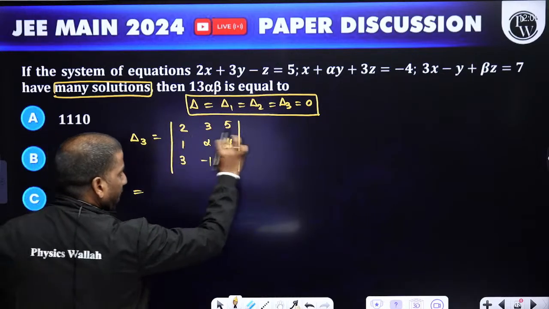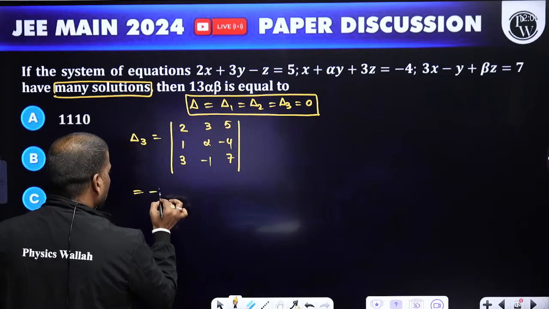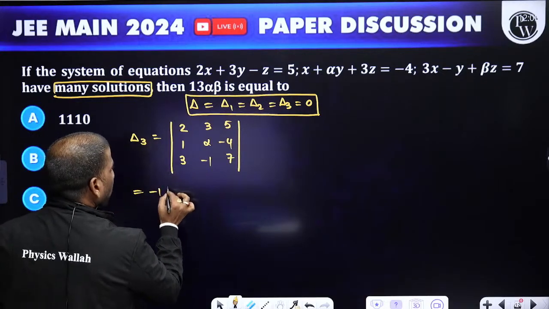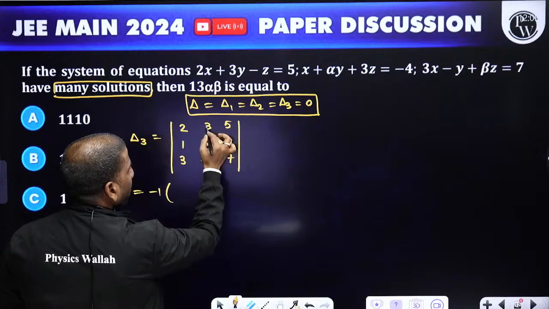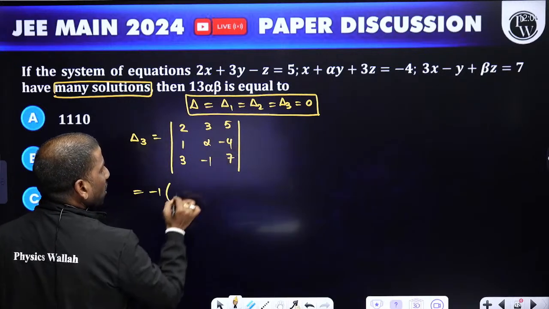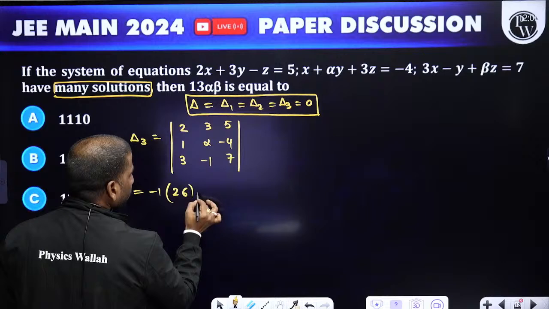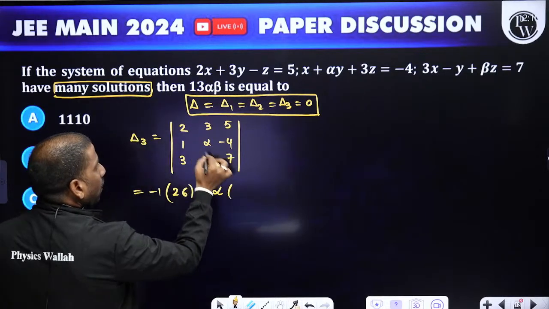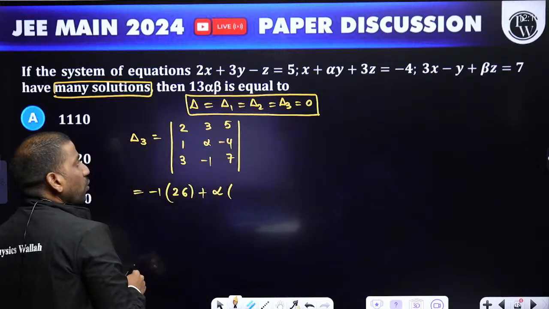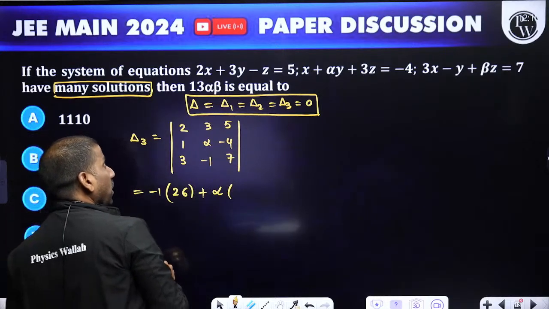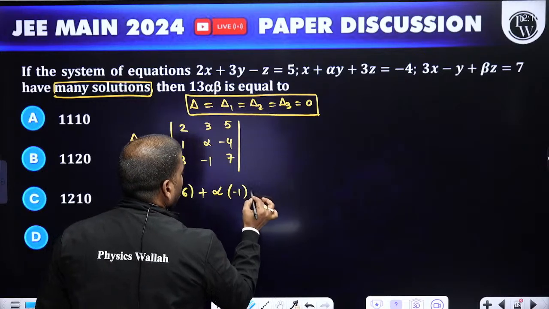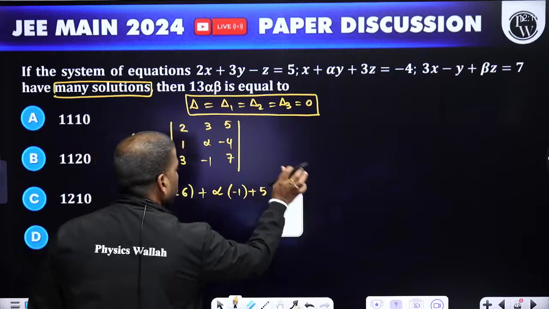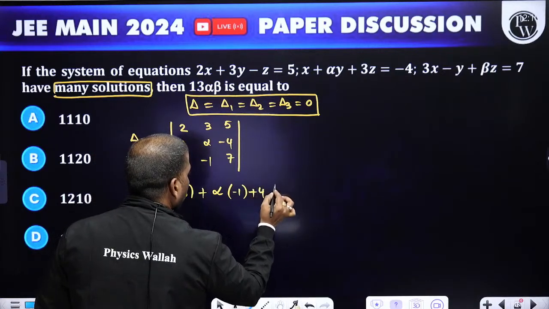So I will expand over R2, to reduce the calculation. Minus 1 times: 7 times 3 is 21, 21 plus 5 is 26, minus alpha. So plus alpha here: 14 minus 15, that is minus 1, plus 5 times... sorry, minus 4 times, that will become plus 4, we need to change the sign.